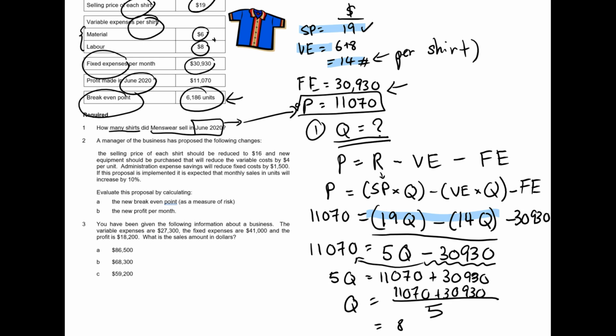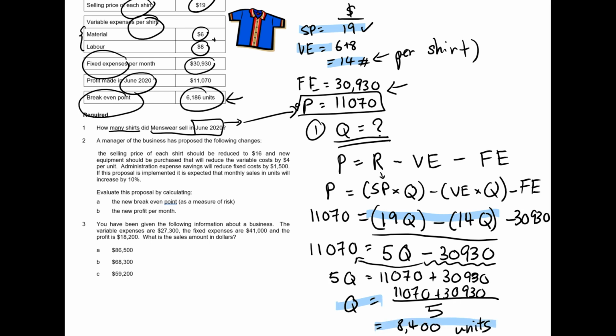You will get 8,400. So for question number 1, the answer is 8,400 units, or 8,400 shirts.